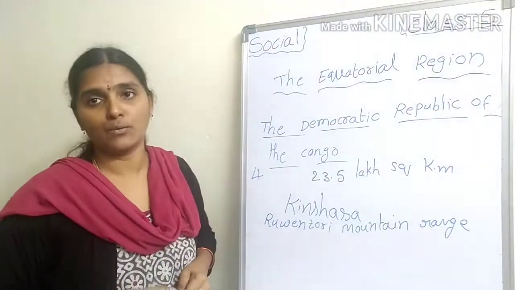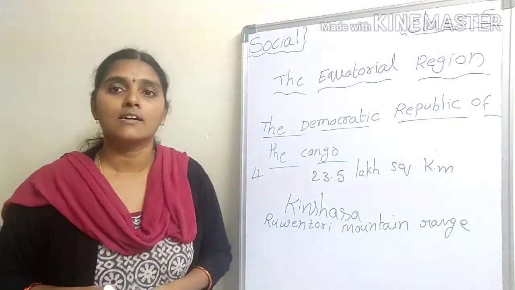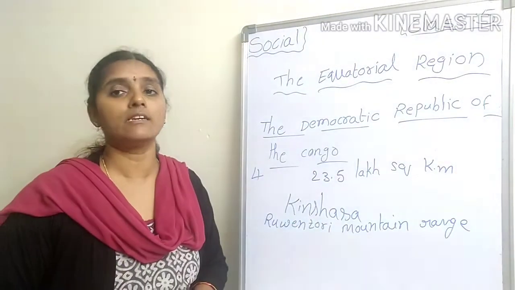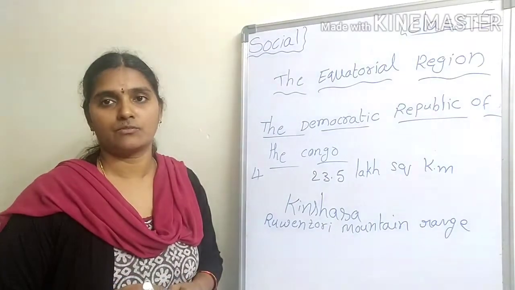The Democratic Republic of Congo enjoys a hot and humid equatorial climate with heavy rainfall throughout the year.